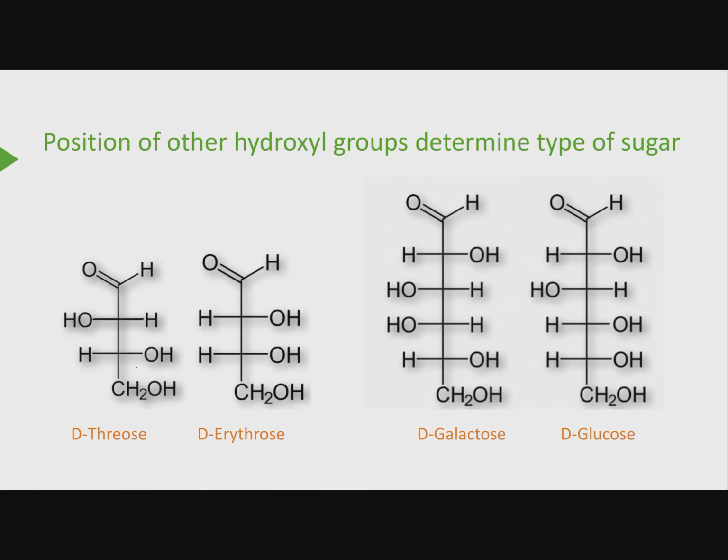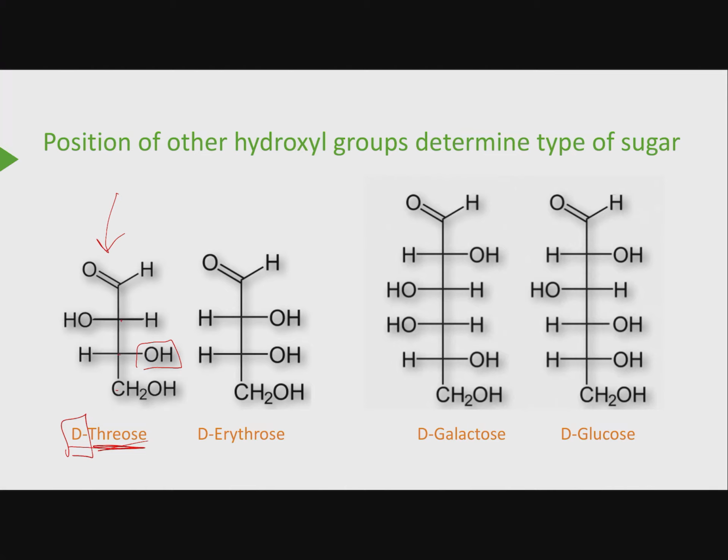So again, in this sugar here, which would be an aldose, a 1, 2, 3, 4 aldotetrose, right, with a specific name, you don't need to know the common names of these sugars, but we know it's D because of the position of the OH group. So anyways, that's what that's about.